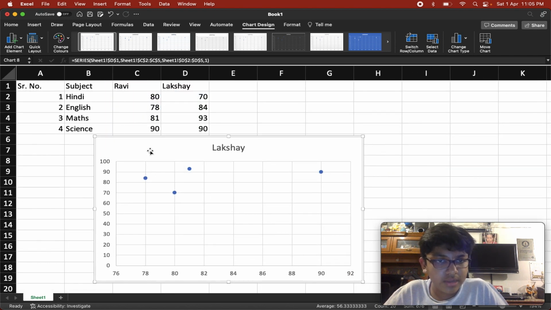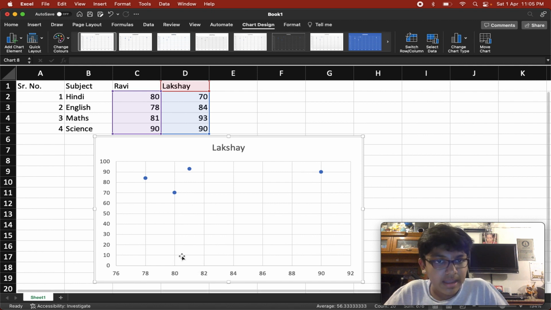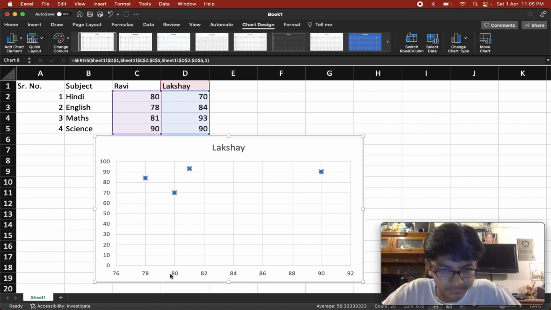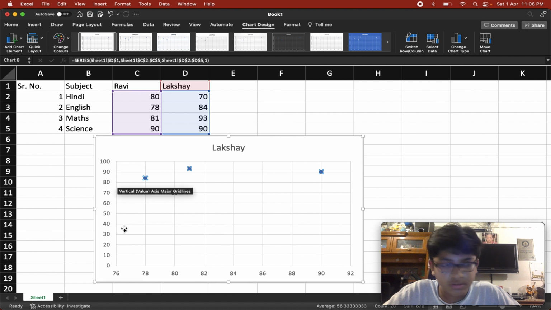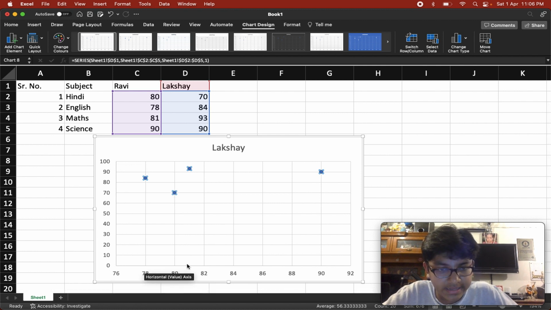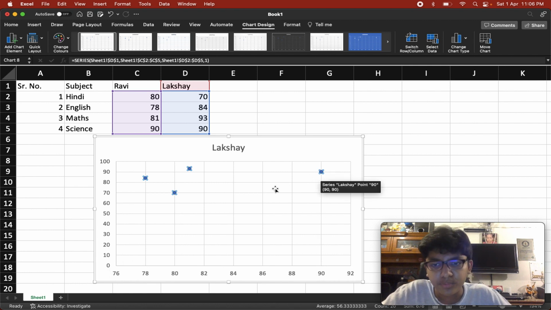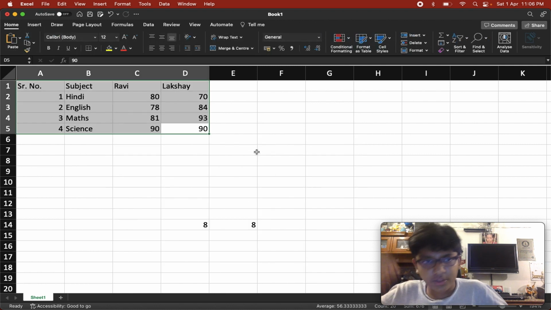Similarly, it will go on 81x, and 93y is here somewhere, and when the x and the y collide, let's imagine a line for y here, 93, and for x, let's imagine a line here. It will start from x at 81, and then it will go up to 93, right? And for 90, it will go on 90x, and then from there to 90y, and then it will plot the dot, right? So I hope you got a quick overview on that.